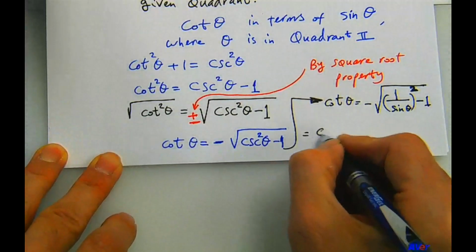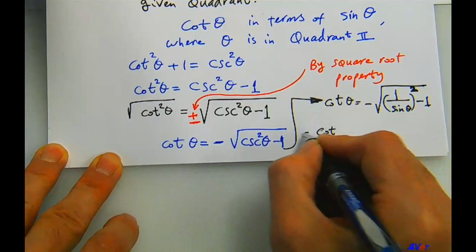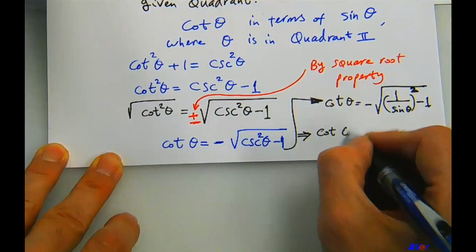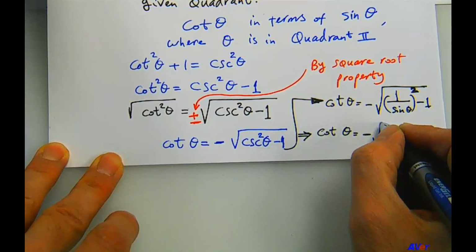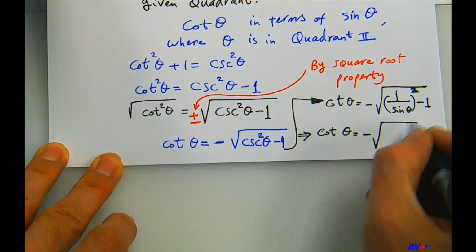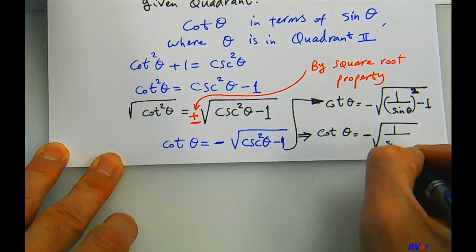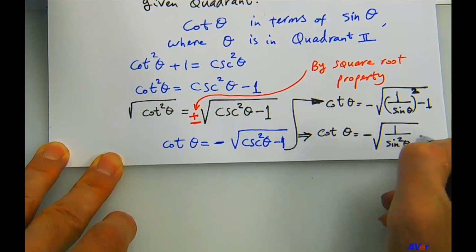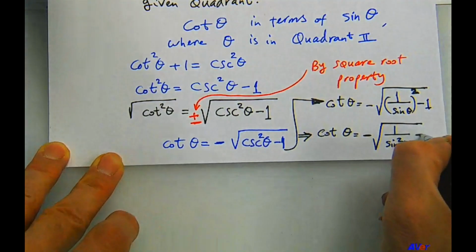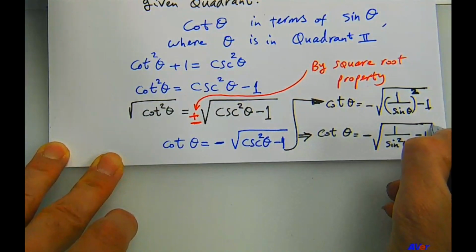For the final answer, we have cotangent of theta is equal to minus square root of 1 over sine squared theta minus 1, like that.